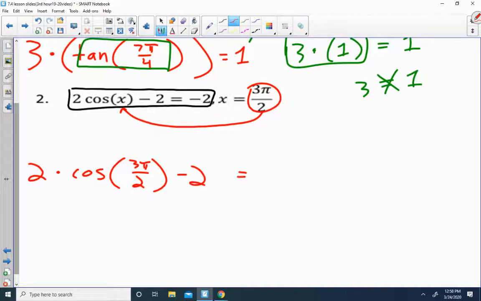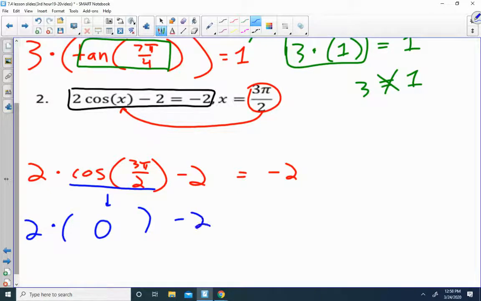We're going to see if this ends up equaling -2 in the end. So in your calculator, find out what cosine of 3 pi over 2 is. Cosine of 3 pi divided by 2, again in radians, and you should end up getting 0.